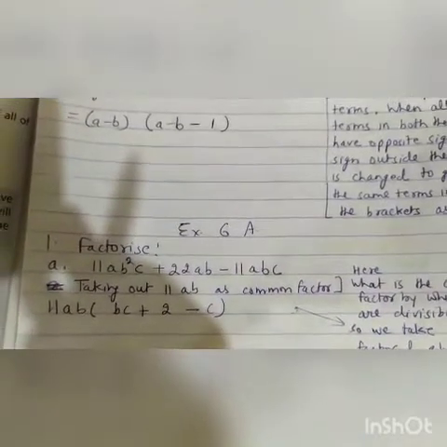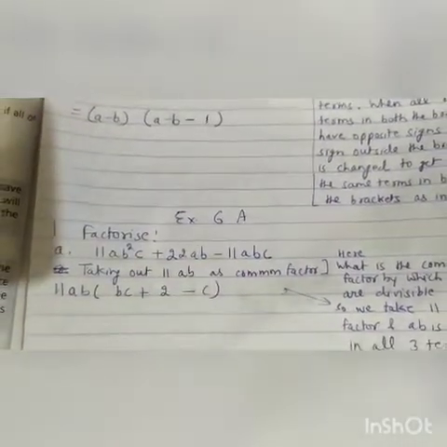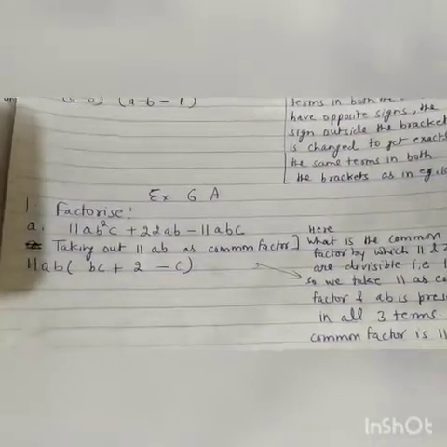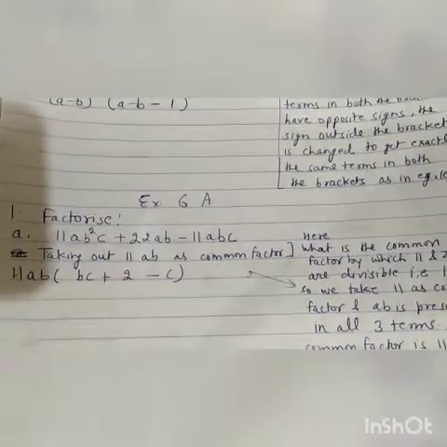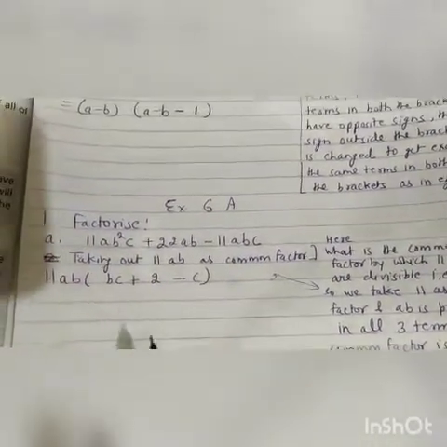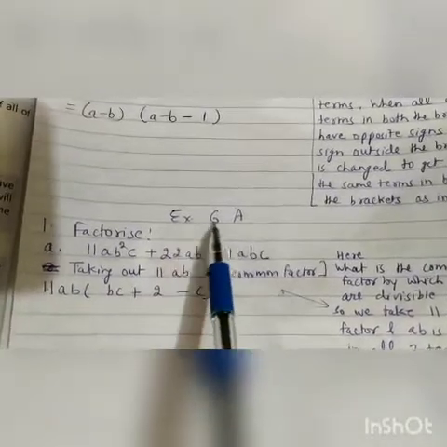Example 3 is based on the third method, so I will explain example 3 in the next class. In between you can go through all parts of example 3 in your books.